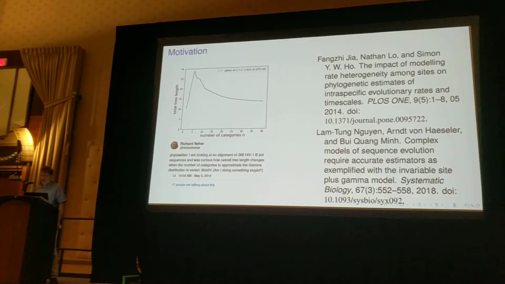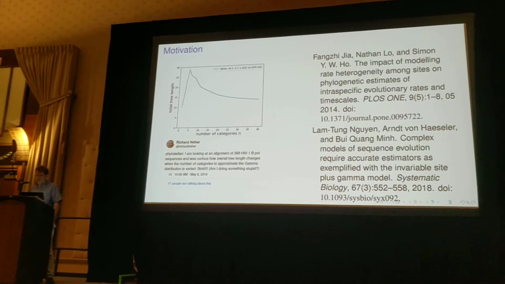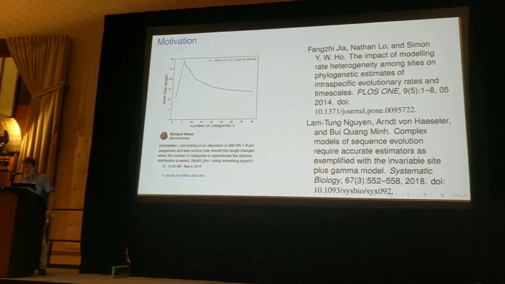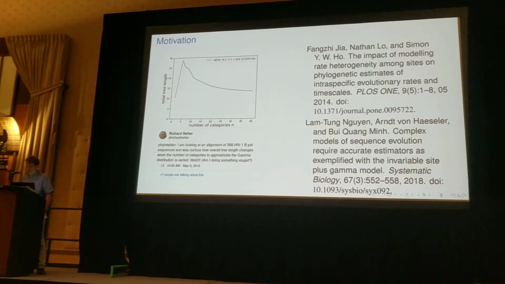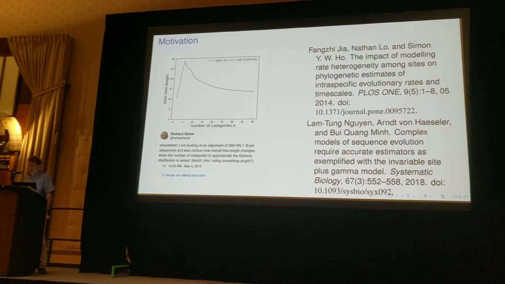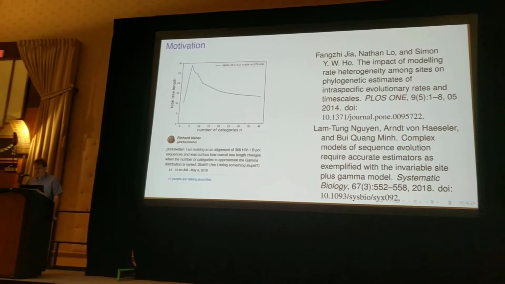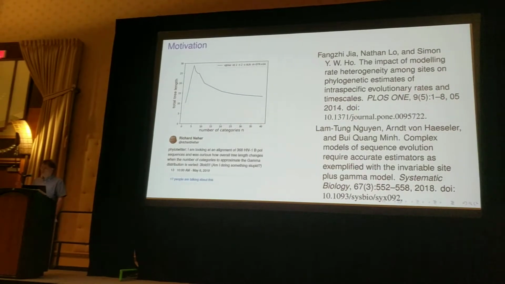This phenomenon was already observed by this first paper here, so I don't want to mess up the names. And just last year there was a nice paper from Nguyen, Arndt von Haeseler and Minh.